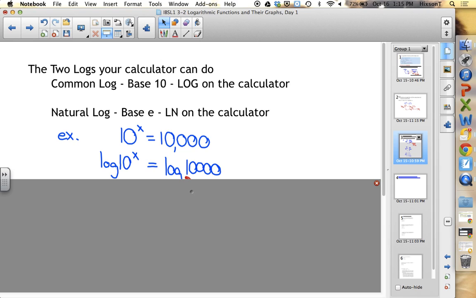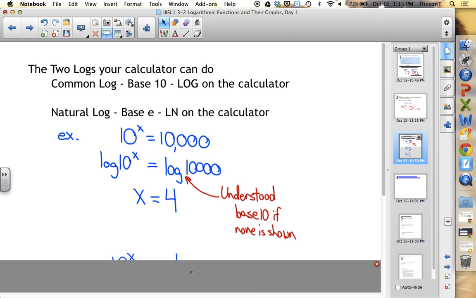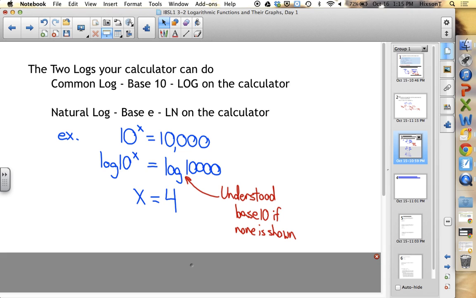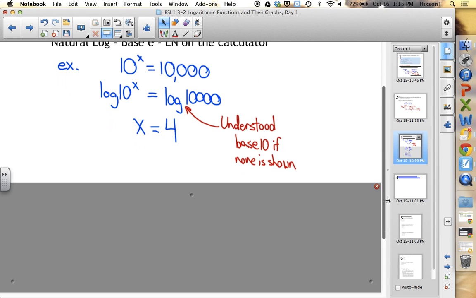I'm going to make sure you know how to use your calculators. It puts the base automatically. For the Nspire, it'll ask you for a base, but if you don't put anything in, it'll put 10 in for you. Okay. So we get 4. Again, there's an understood base of 10 if none is shown.